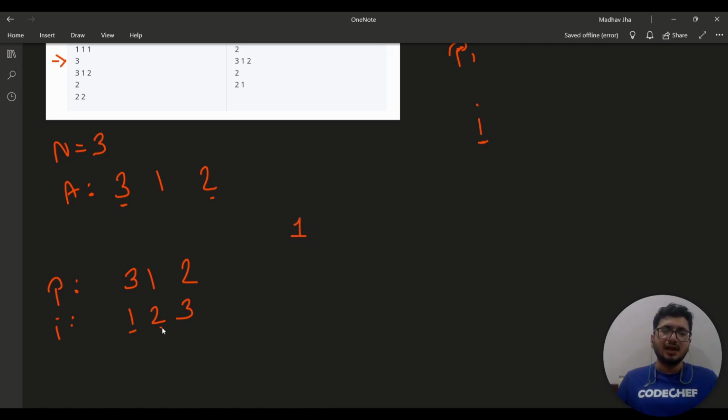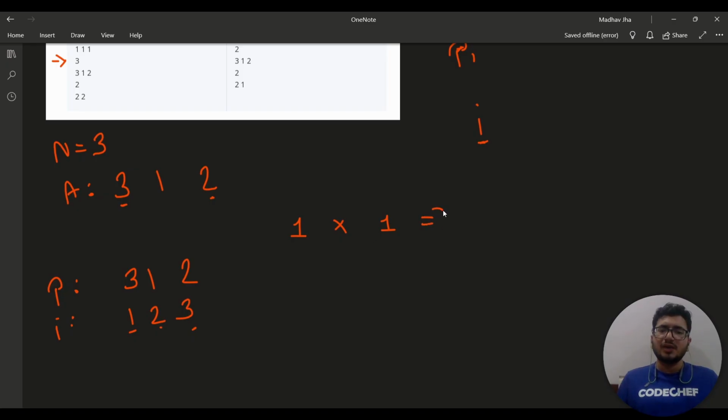Let's go next. The element at 2 is 1 and the element at 1 is 3. Since this does not satisfy our condition, this gives us no score. And lastly, the element at 3 is greater than or equal to the element at 2, that is 1. So this gives us one more score.